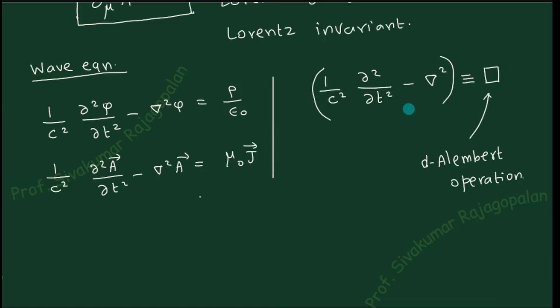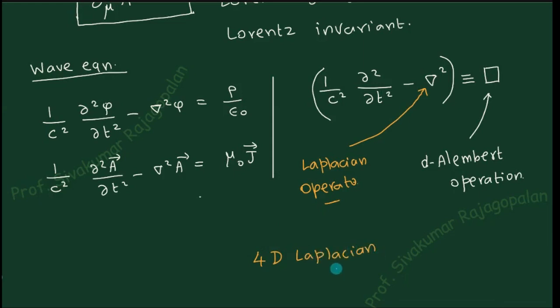And in fact, you can understand why people have given the name like this. Already you have the name for this del square operator, right? It's known as the Laplacian. So when you have the name Laplacian for the three-dimensional Euclidean space, you can ask the question, what will be the corresponding Laplacian for four dimensions? Laplacian means three-dimensional. For four-dimensional, what is the name? The answer is, you can simply call it the four-dimensional Laplacian.